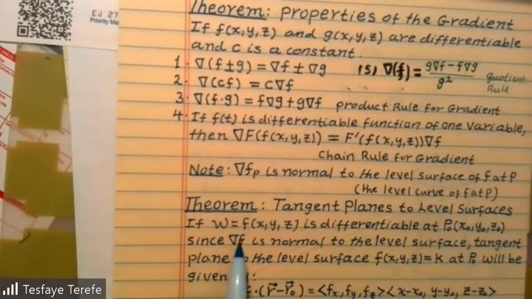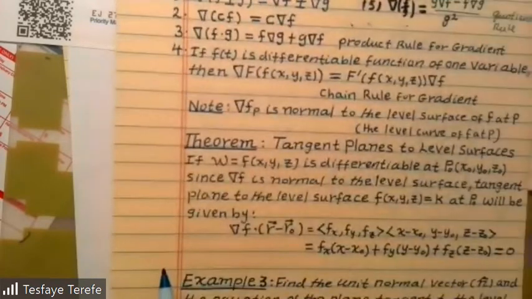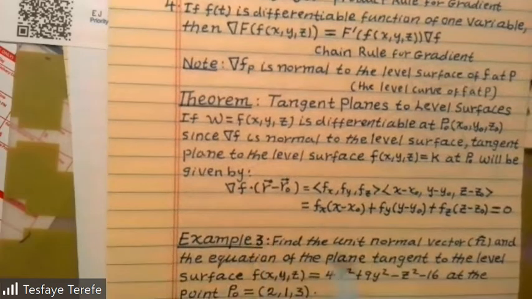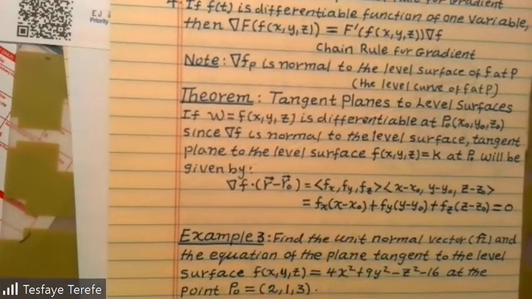If w is a function of three variables and differentiable at the point x sub 0, y sub 0, z sub 0, then since the gradient is normal to the level surface, the tangent plane to the level surface f of x, y, z equals k at the point will be given by this. The one example I showed you in 2 dimensions can now be extended.